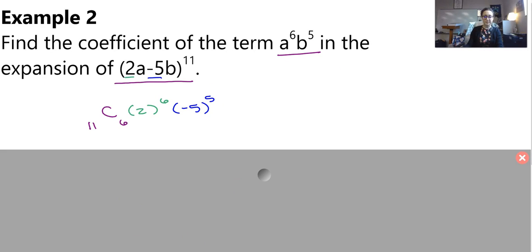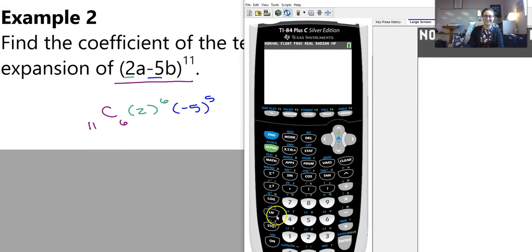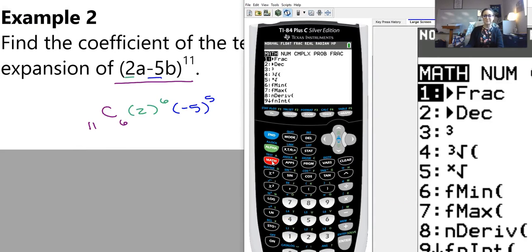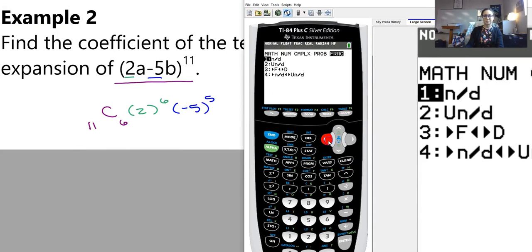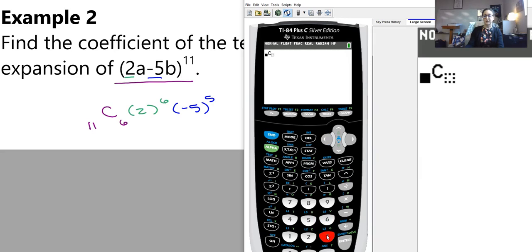Okay, and now I can actually just type that into the calculator just like that. Let's see if we can see both here. All right, so on the 84, you're going to go math, scroll over to probability. It is number 3. On Desmos, you can just do NCR.